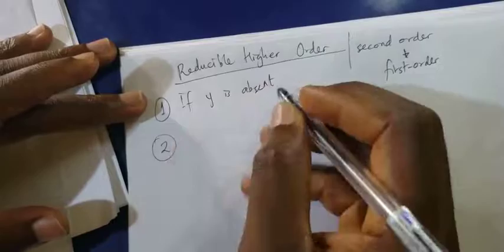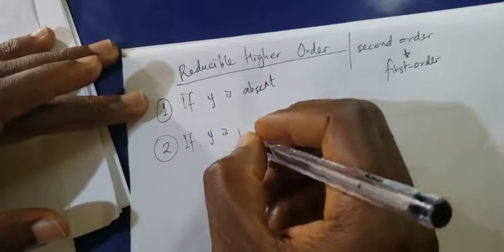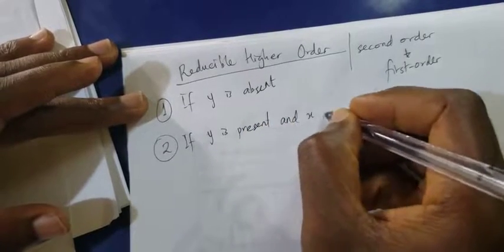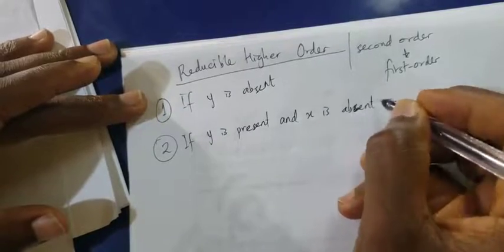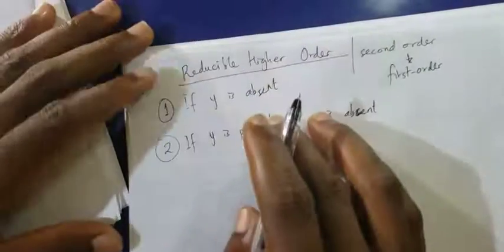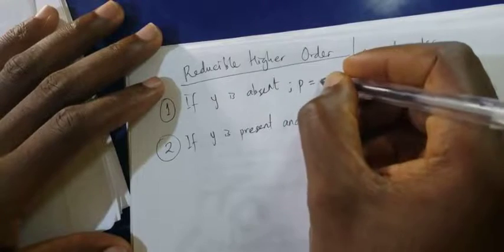So we're just concerned with two critical cases here. If y is absent, and if y is present and x is absent. So we're going to look at those two cases with a problem each, so you know how to approach it. If y is absent, you are going to use the substitution p is equal to y prime.